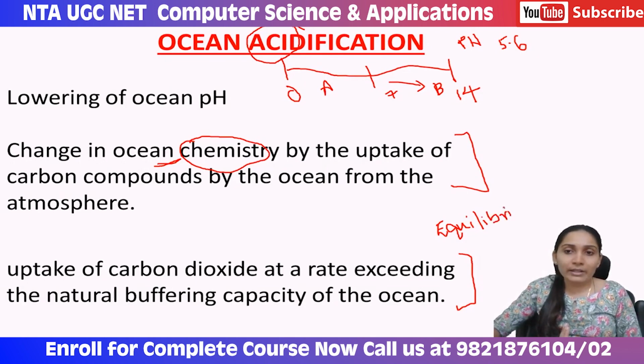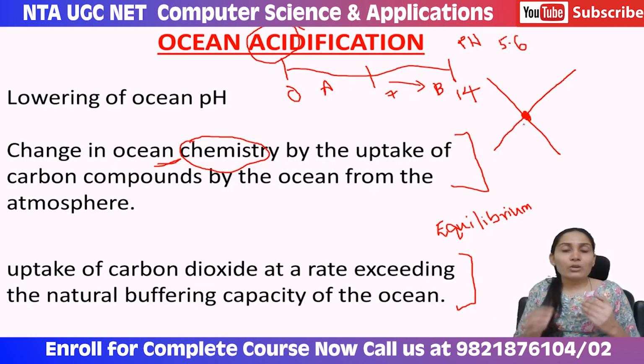We said equilibrium means the rate of formation of ozone and the rate at which ozone is destroyed remain the same. So it will neutralize. Whatever ozone is destroyed, the same amount of ozone is generated or formed. So the effects will be neutralized. This is called equilibrium.